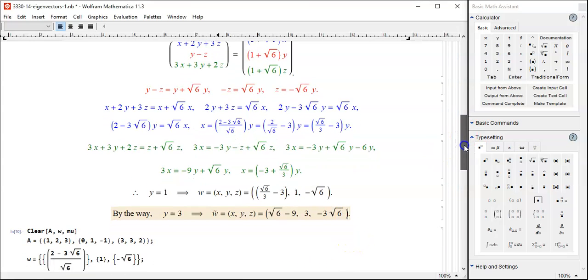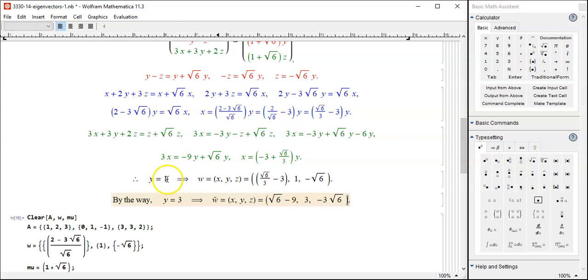You don't have to select y equals 1. Traditionally, plugging in 1 is a good idea because that's the second simplest number after 0, and you cannot plug in 0. But in some cases, like this, when you want to remove the denominator, you select some different number like this. You can do that.